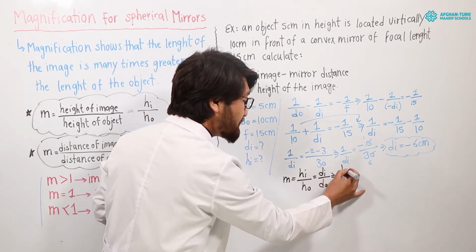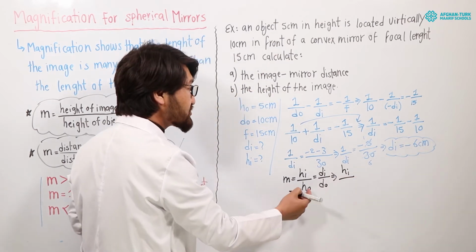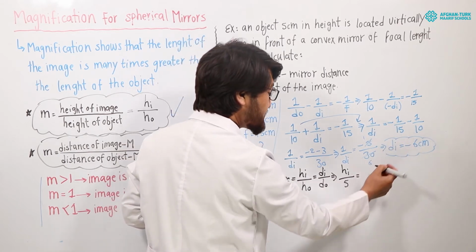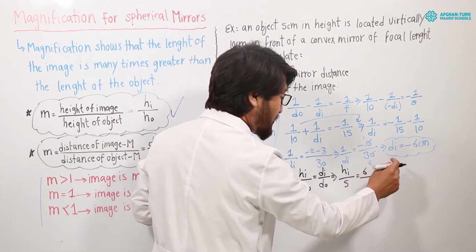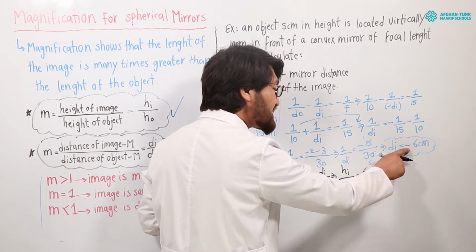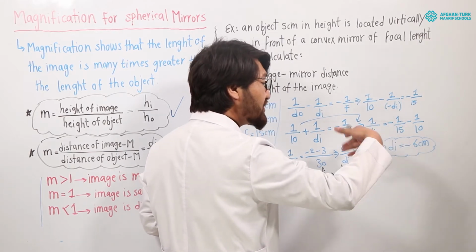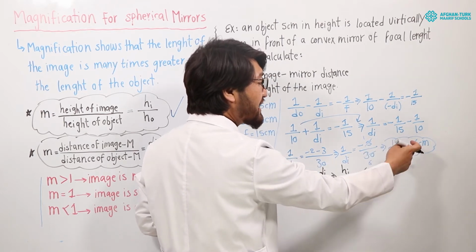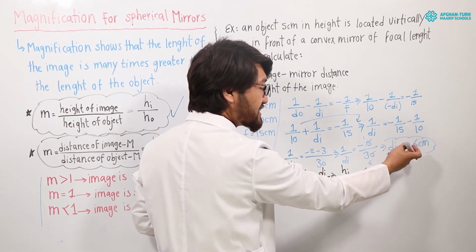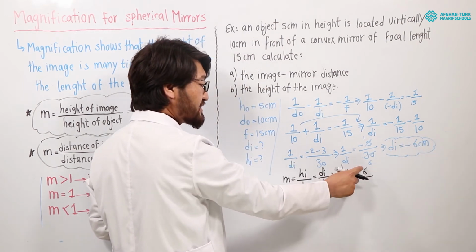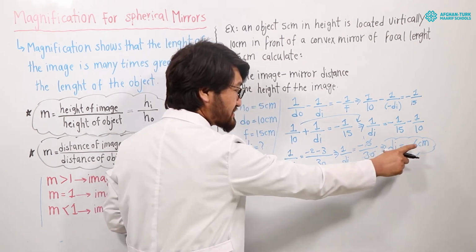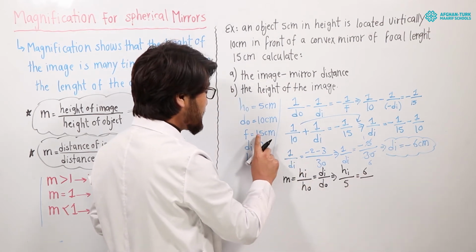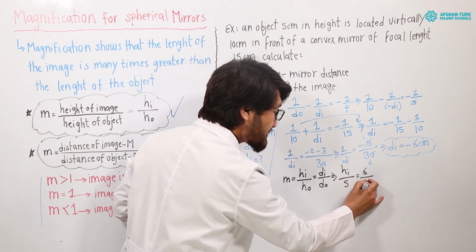What is HI? We don't know. We should find HI. HO is 5, DI is 30. We don't write the sign. This sign shows the image is virtual and behind the mirror. We don't consider the sign of this 30 centimeter. What is DO? DO is 10.